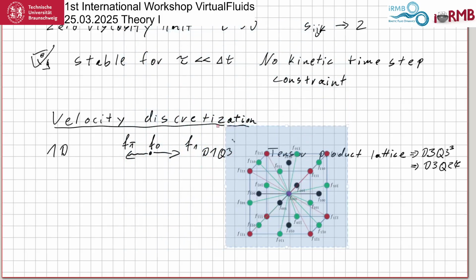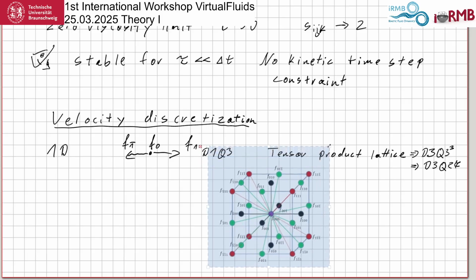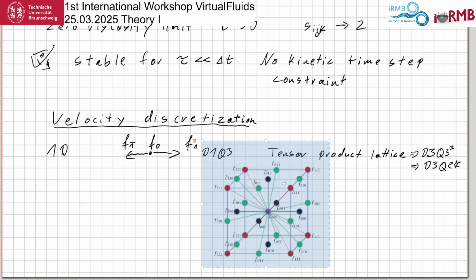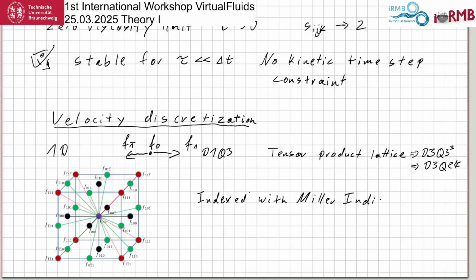Because I'm at the end of the page, I have to make this a bit smaller. I hope you can make out the different directions that are written here in so-called Miller indices. If you ever studied something with regard to crystals, then you will know what Miller indices are.